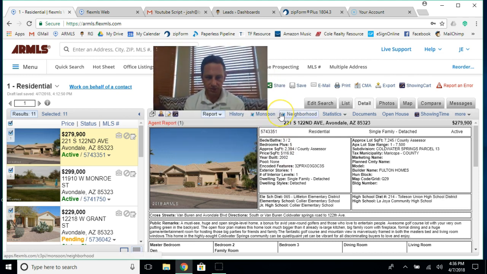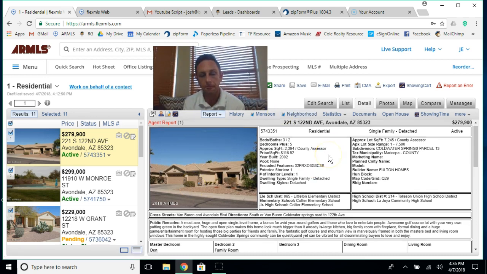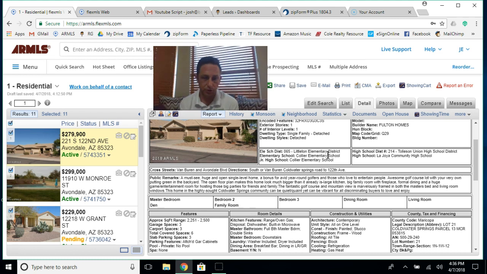So let's just say it's got a 3-car garage, it's a big home, a must-see, huge and open single-level home, bonus for avid year-round golfers, golf course lots, very own putting green in the backyard, floor plan makes this home look much bigger.